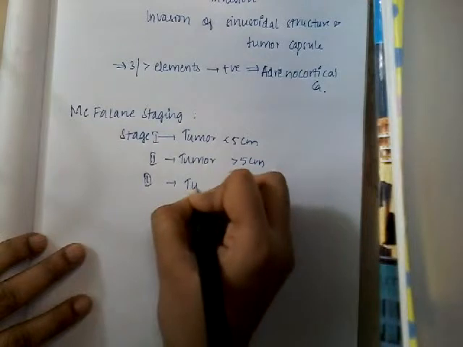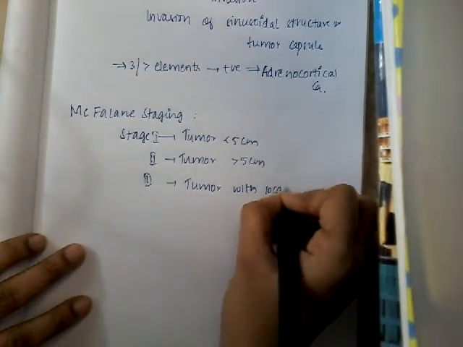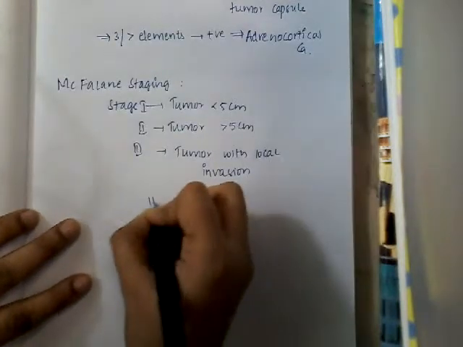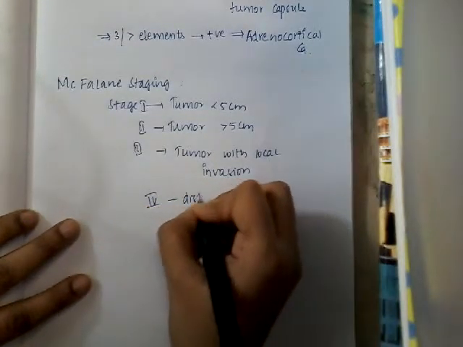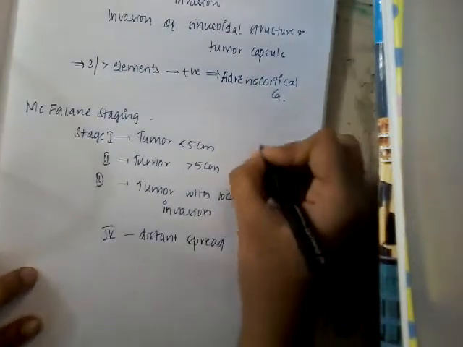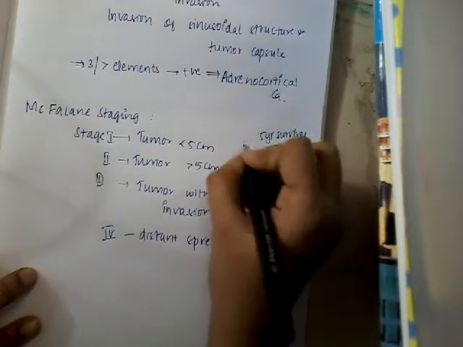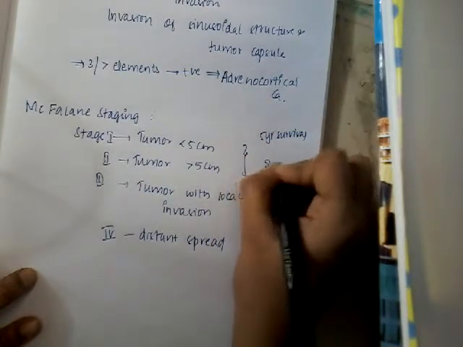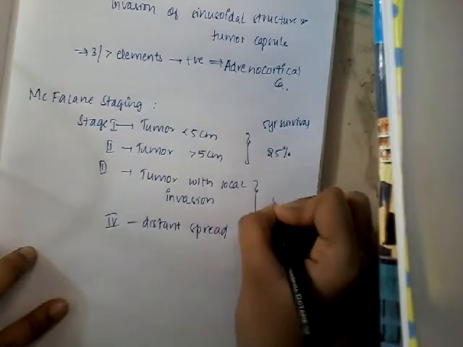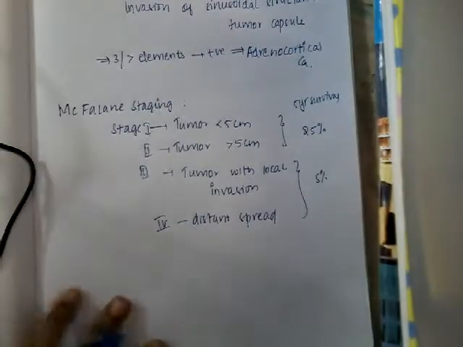Stage 3 is tumor with local invasion, and stage 4 has distant spread. The 5-year survival rate for stage 1 and stage 2 is 25%. For stage 3 and stage 4 it is 5%. This is McFarlane staging.